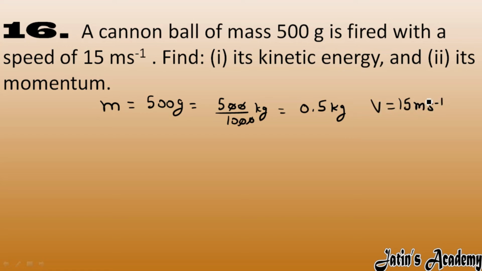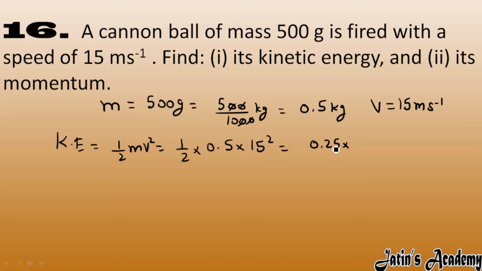We have to calculate the kinetic energy. Kinetic energy is half m v square. So half, the mass value is given as 0.5, and the velocity is given as 15 square. So here again it becomes 0.25 into 15 square, 225.